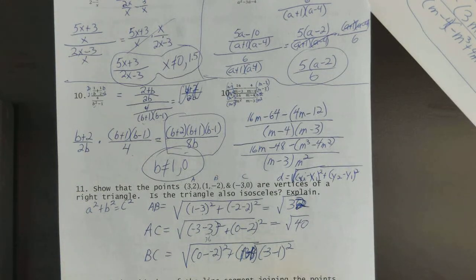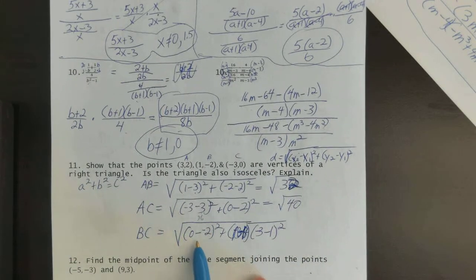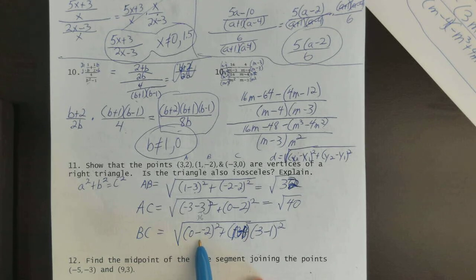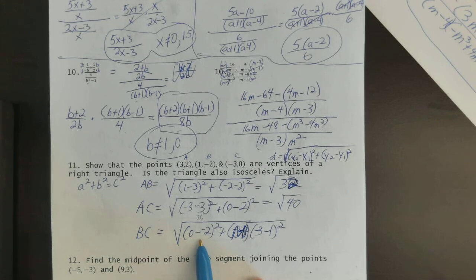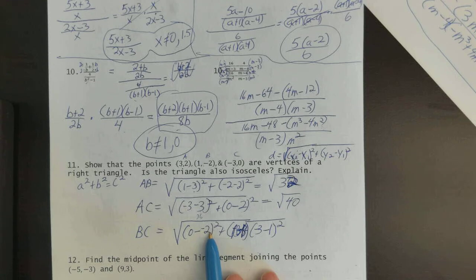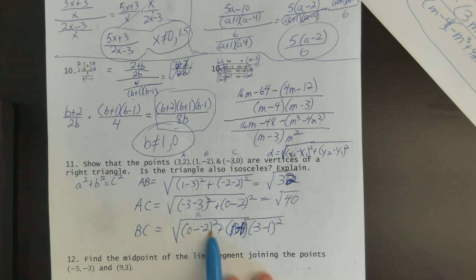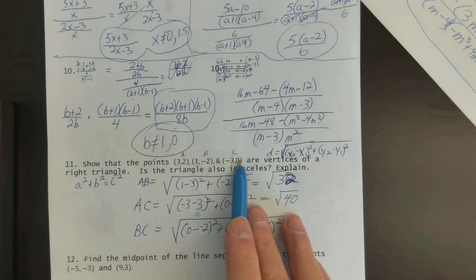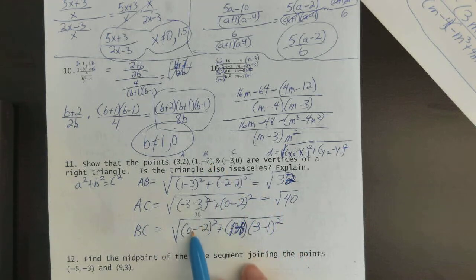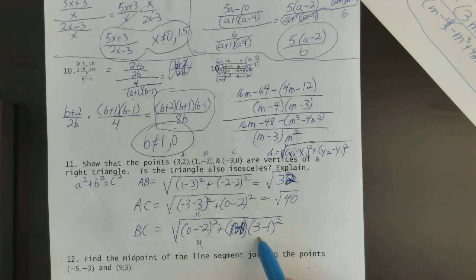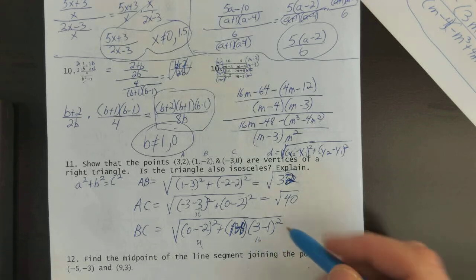We'll pick up with the problem I left off on, number 11. I was doing BC: 0 minus -2 squared is 4, -3 minus 1 is -4, squared is 16.